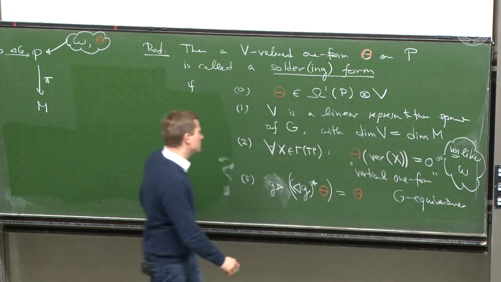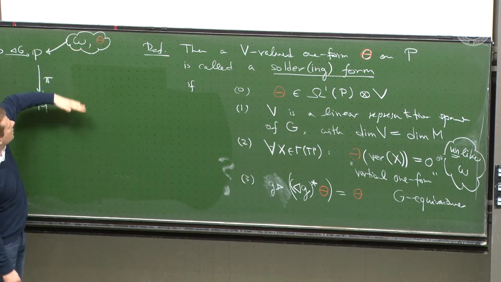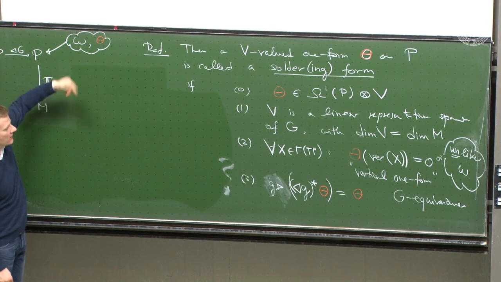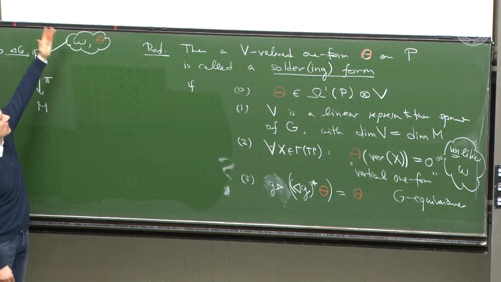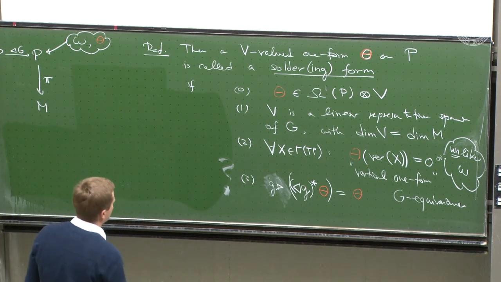Is supposed to ensure that if you move the solder form along the fiber, that is just that the solder form at one point is given by the solder form at another point, right? So there's a compatibility condition.